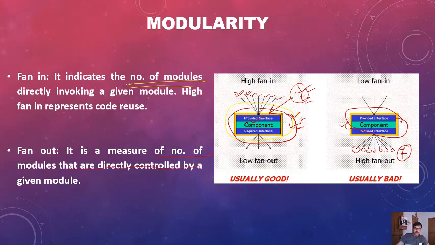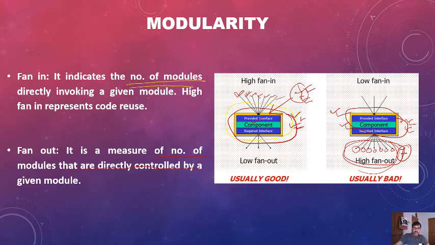Why is this a bad idea? If this module doesn't work, then these 7 modules will not work either. That's why it is a bad idea: a single module controls the whole thing, and if it fails, the whole system will be smashed. So this is fan out.